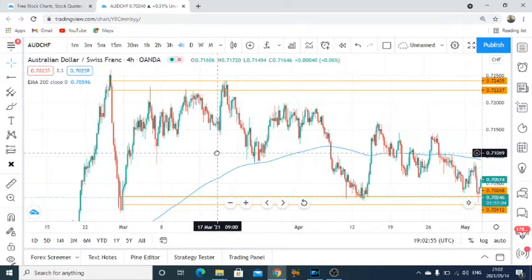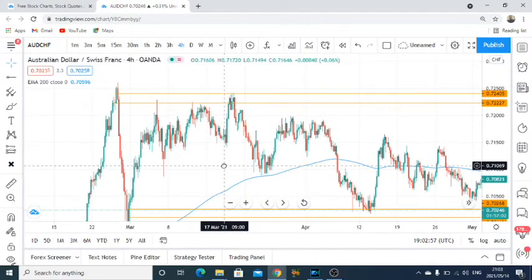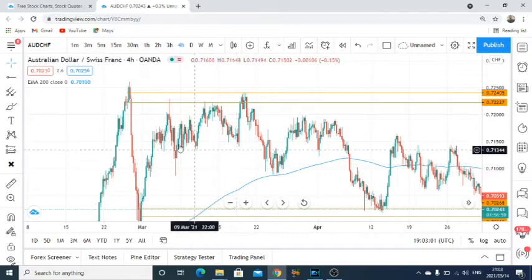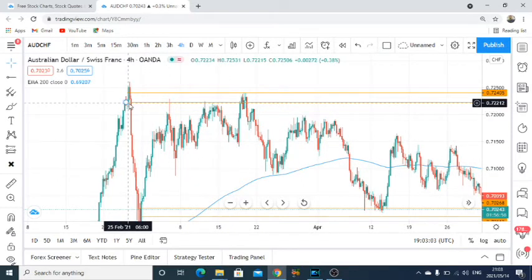The other thing is, we also define an order block as a strong order block when there is an imbalance left behind.